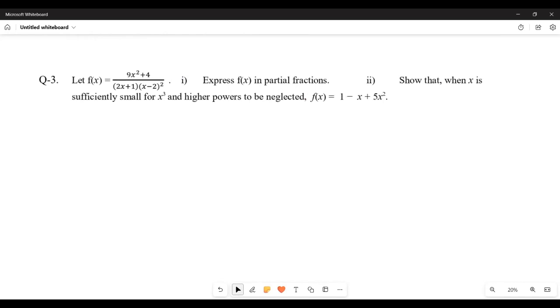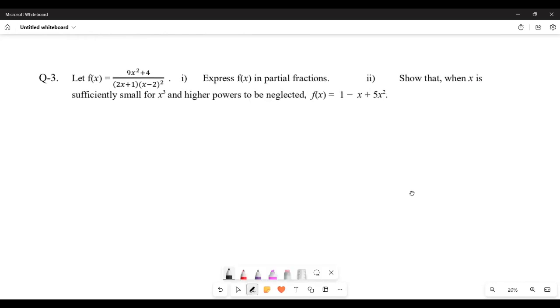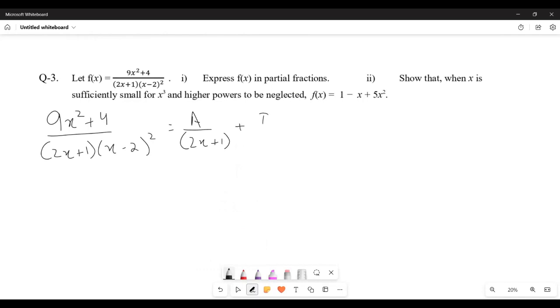Okay, here also in part A, you have to do partial fractions that we already did in the last lesson. 9x square plus 4 upon 2x plus 1 and x minus 2 whole square, which was A upon 2x plus 1 plus B upon x minus 2 plus C upon x minus 2 whole square.